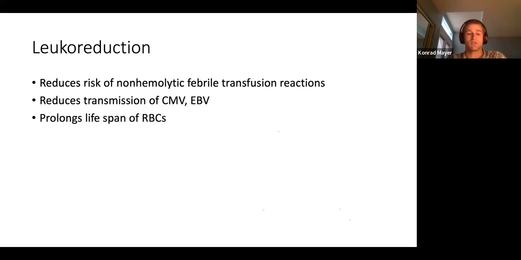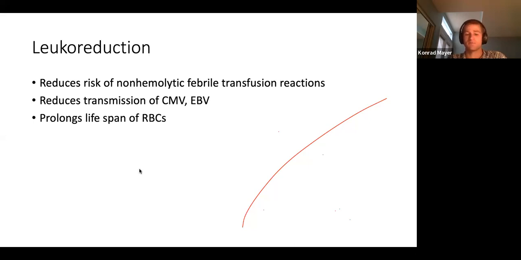Diseases like CMV or EBV can be transferred via the transfusion of white blood cells, so removing these reduces the risk of transfusing these diseases. And by doing this, the lifespan of the red blood cells that are transfused is increased.